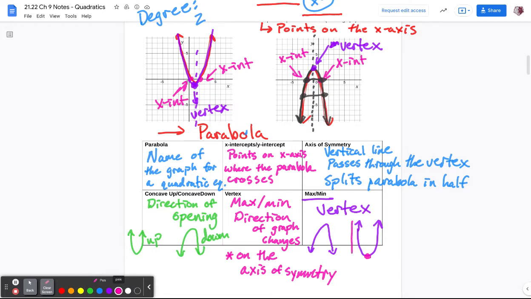Think about our y values here on our graph. Here's the y-axis. This is the smallest y value, so it's the minimum. Think about this being like the top of a mountain. Here, our vertex represents a maximum. It's the highest point that our graph reaches before going back down.